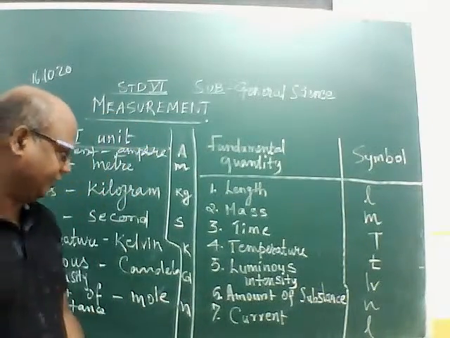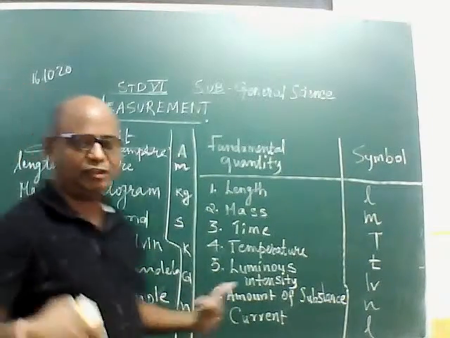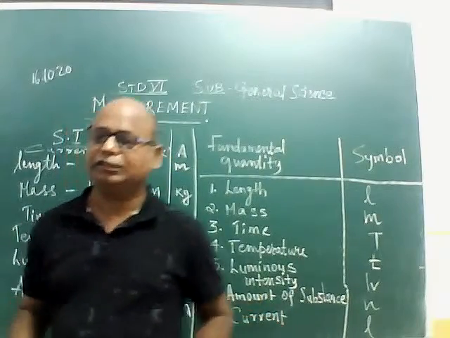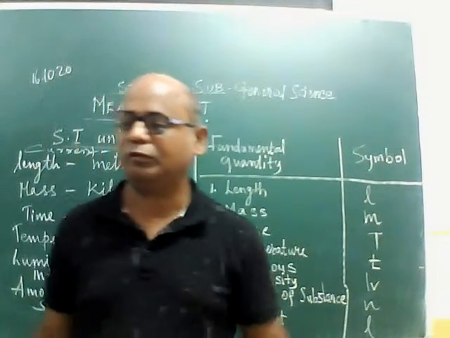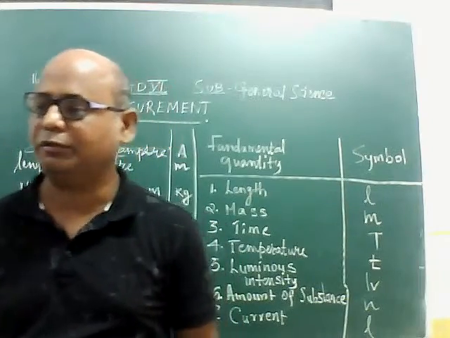So we find that for all these fundamental quantities, their SI units were found out. Now whatever other units are there, those are derived units. They are derived from these fundamental units.